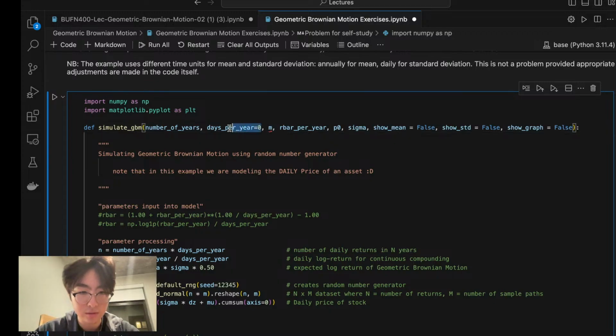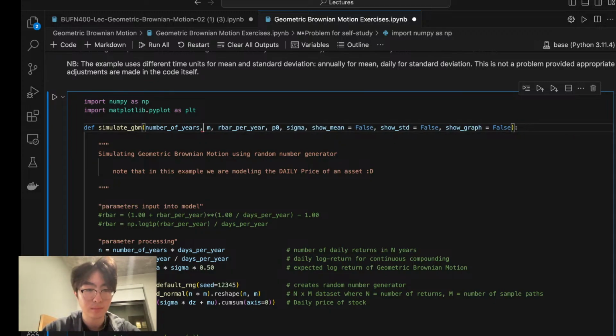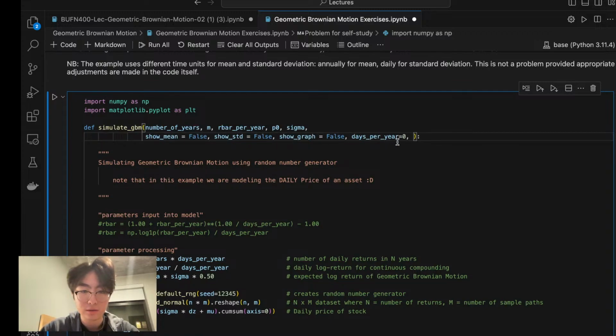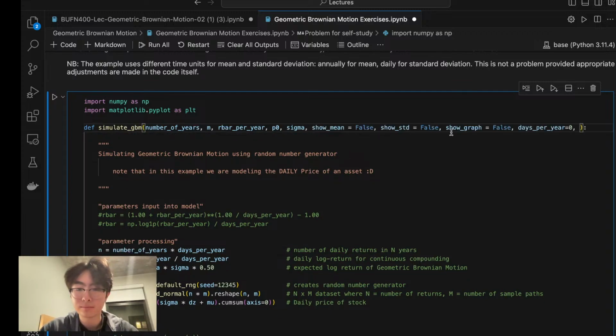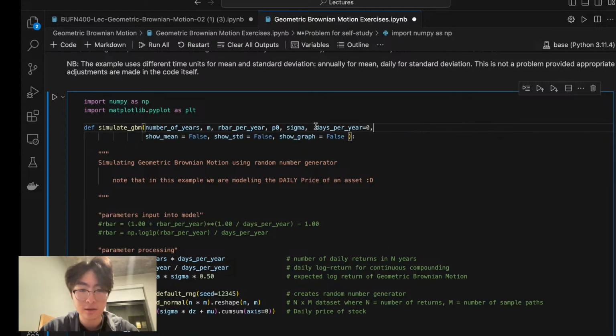Okay, so I guess yeah, there's gonna be a lot of parameters here. All right, so I'll set the, I guess we can call these flags. I'll set the flags after days per year is equal to 0 or months.